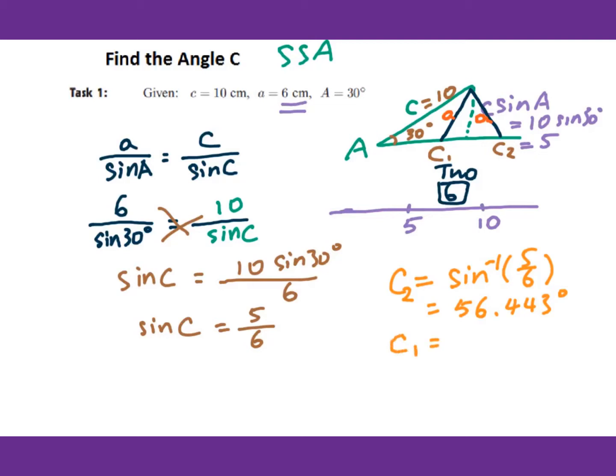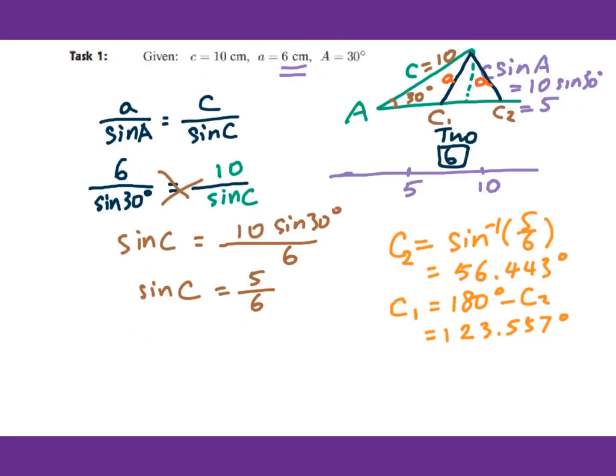For C1, we do 180 degree minus C2. You got 123.557 degree. For C2, definitely is correct because that's an acute angle.